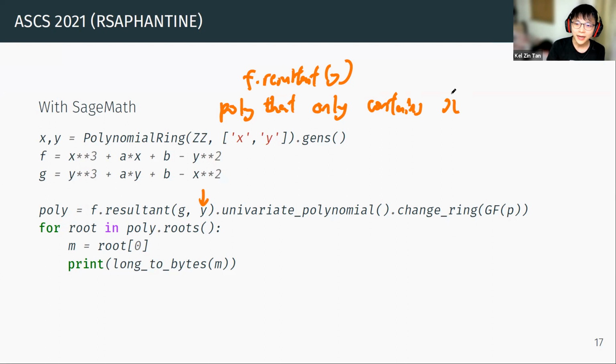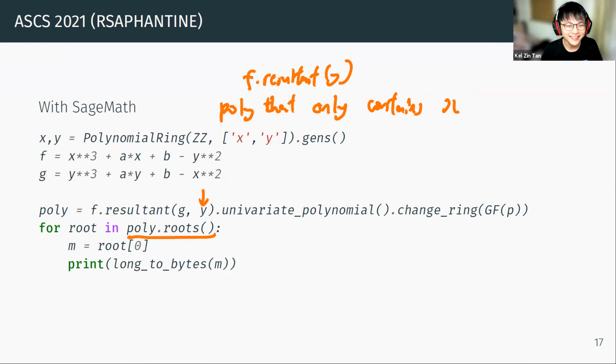And then by having this polynomial, you can just look through all the possible roots, and one of them will be the flag. So the solution is also less than 10 lines.